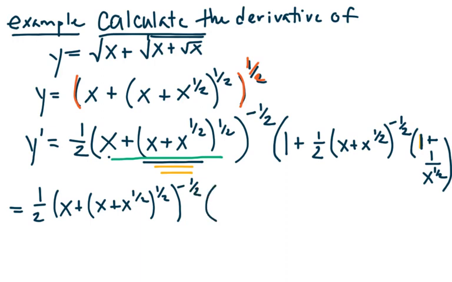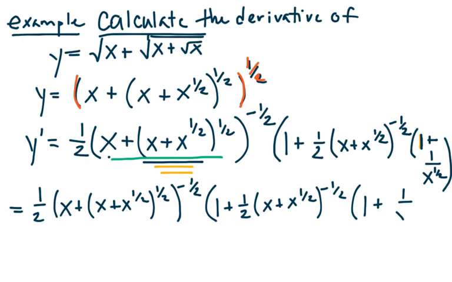And then we're multiplying by the derivative of the inner function, which gives us 1 plus 1/2 of x plus x to the 1/2 to the negative 1/2, times the derivative of that interior function, which is 1 plus 1 over x to the 1/2. And actually I forgot a 2 here. It'd be 1 over 2 times x to the 1/2.